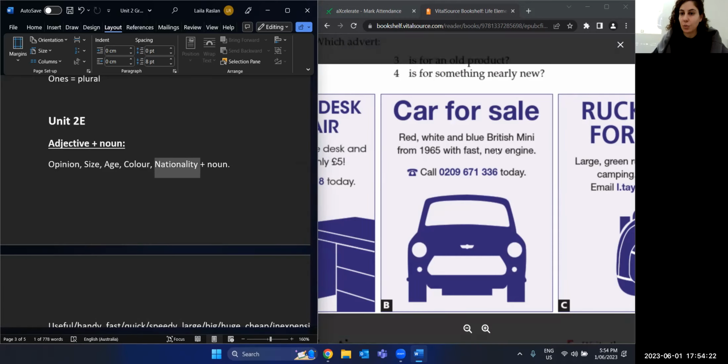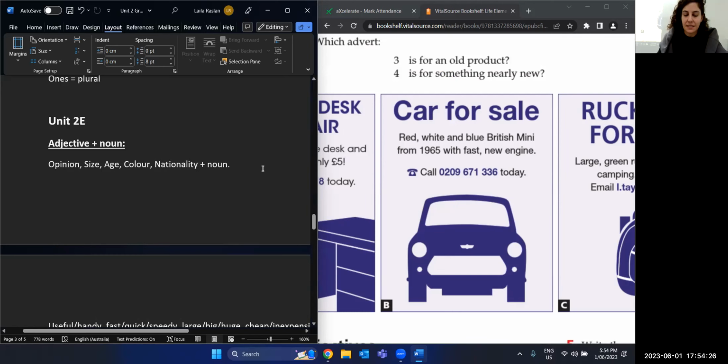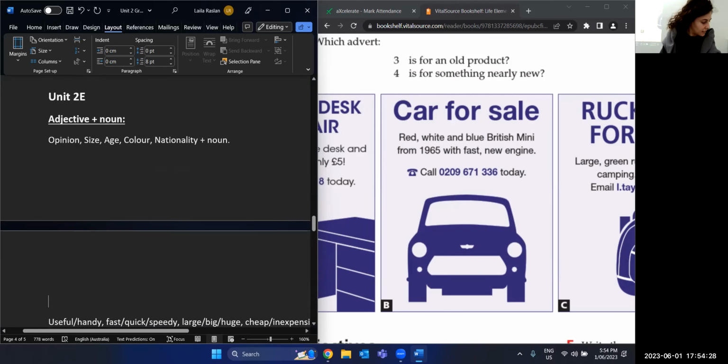And the nationality, where is it from? British. So I can make a sentence that says, you know, it's 1965 red, white, and blue British Mini.